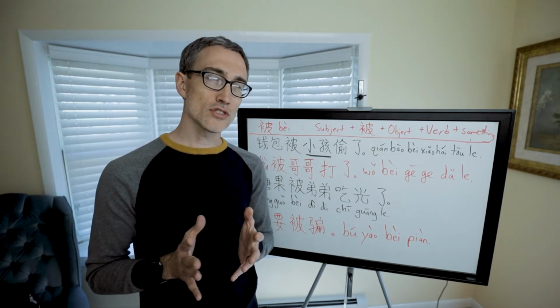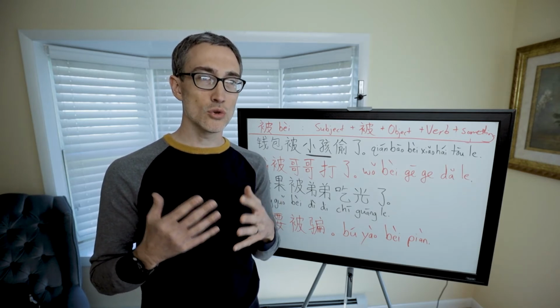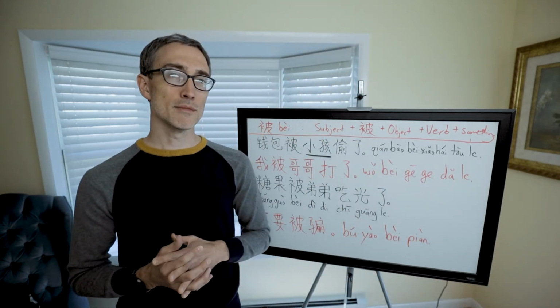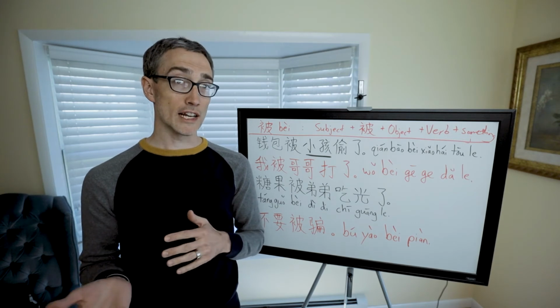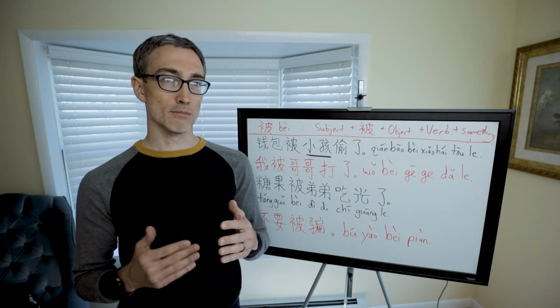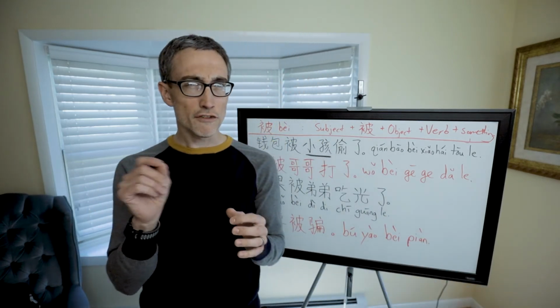Now, it's not always true that bei expresses negative meanings, but it's used most commonly for that. Another thing is that bei tends to be used more often in writing than in spoken language. It is used in spoken language, but it's more often used in writing to clearly differentiate passive and active voice.